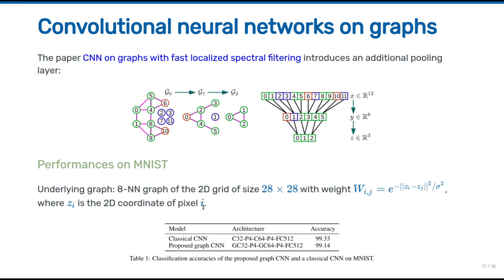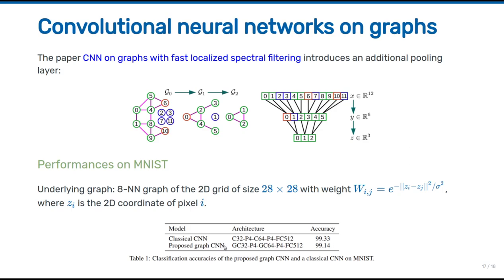Okay, so you obtain something which is a bit different from the grid, and then they apply exactly their graph CNN, and you see here the architecture. So this is the original architecture on the 28 by 28 grid with the standard convolution with 32 channels, pooling of size 4, convolution with 64 channels and so on, fully connected at the end.